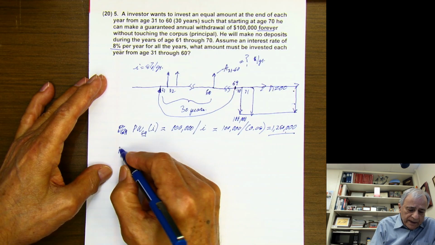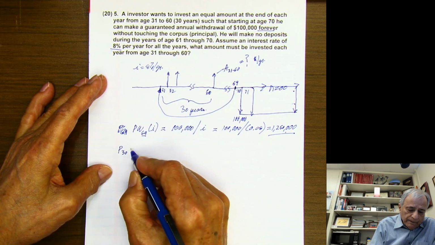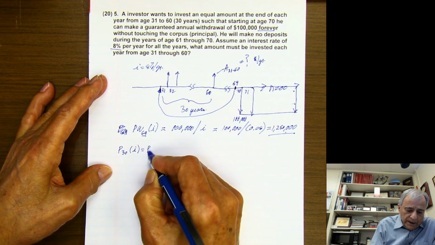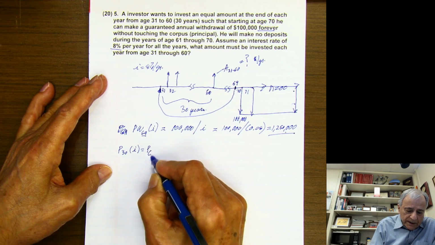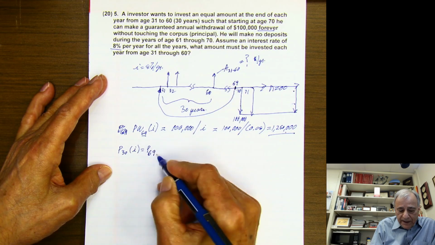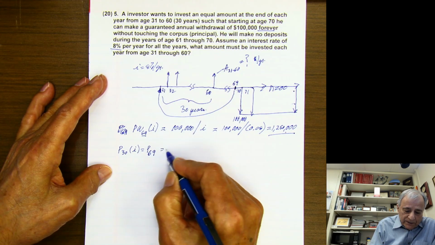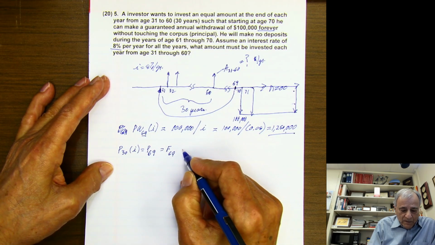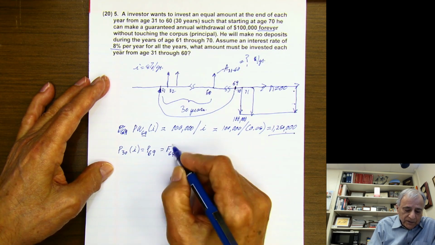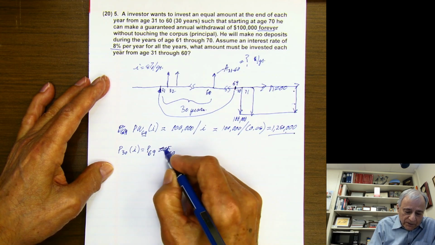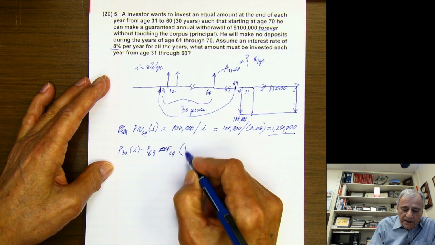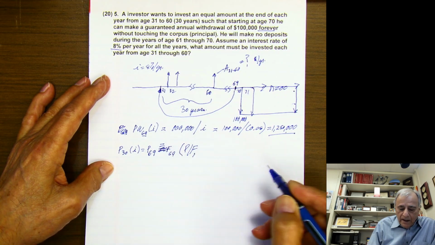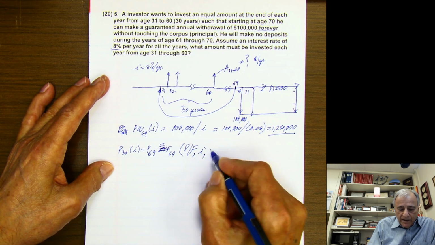So P at time 30 at rate I is equal to F at time 69, which is equal to F at time 69 times P given F, at rate I and N periods.